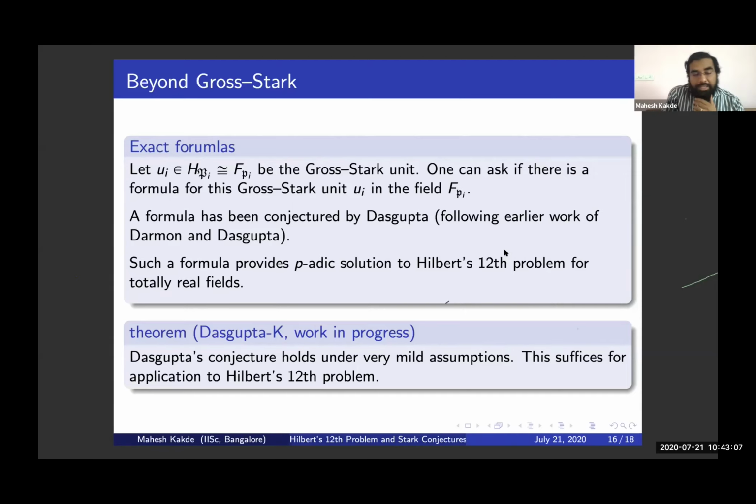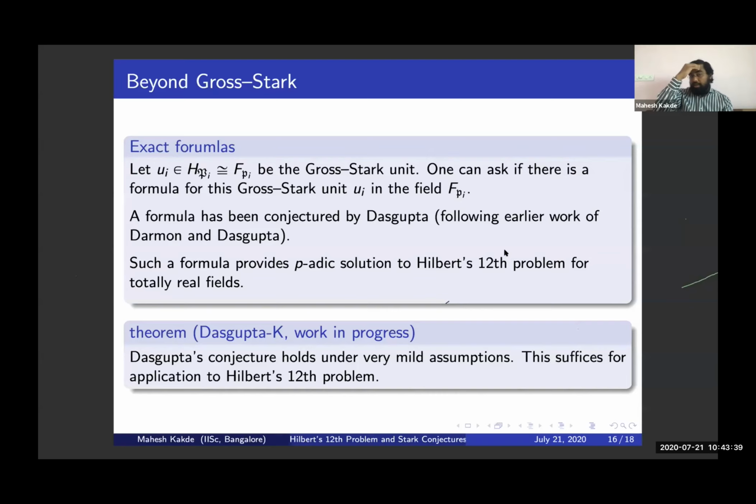As I mentioned earlier, if you prove this conjecture about the precise formula, you get a p-adic solution to Hilbert's 12th problem. Hilbert stated it in a way like you need an analytic formula, and so one way to interpret this is as a p-adic analytic formula for generators of abelian extensions of totally real fields.